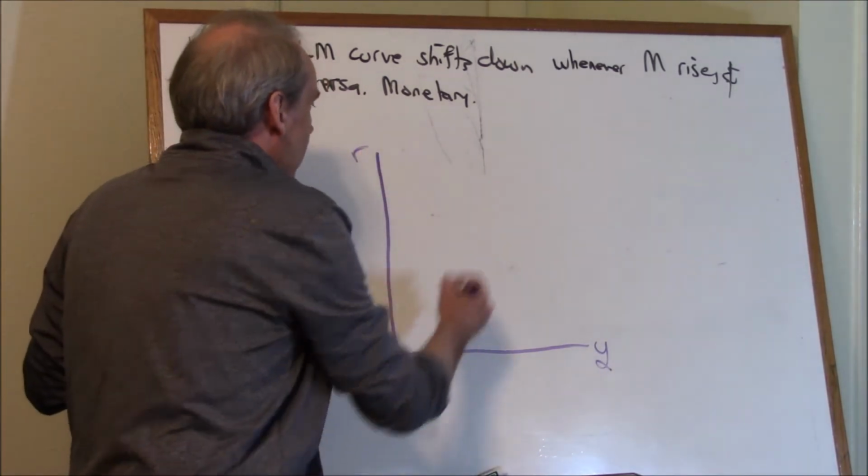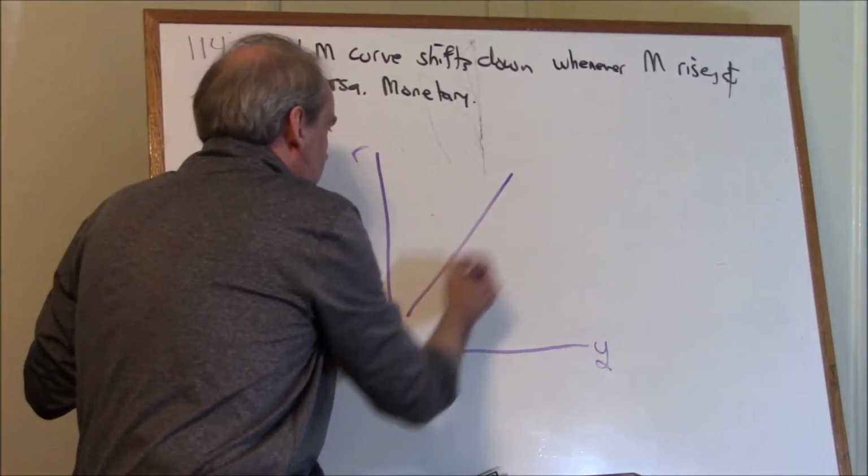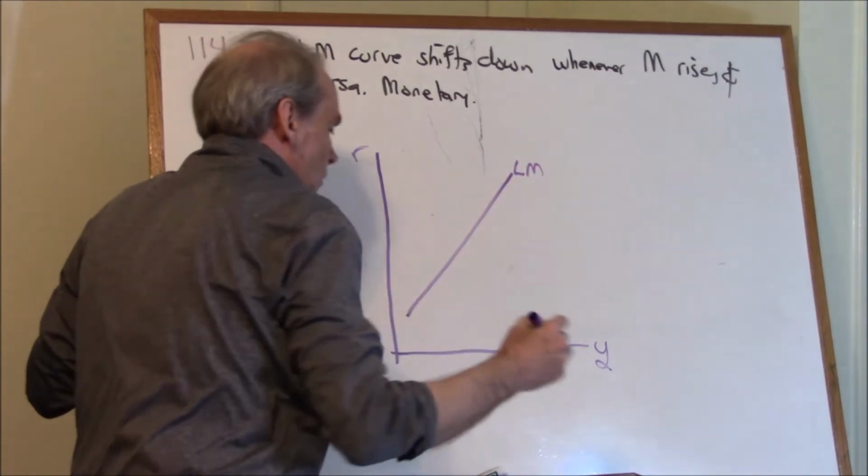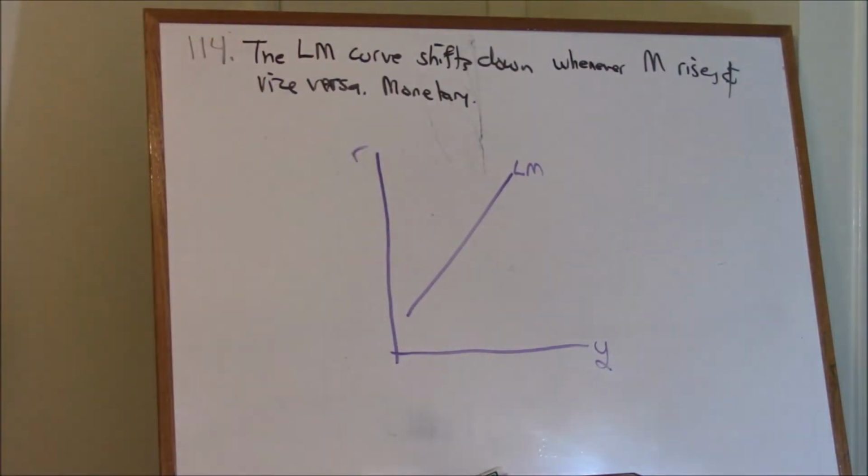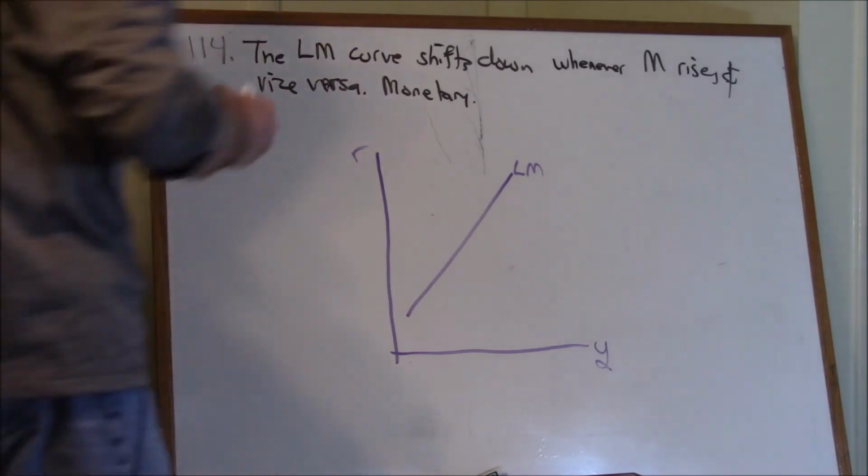All right, here is an LM curve. Remember, it's setting out all the points where the supply of money is exactly equal to the demand for money. All right, and let's mark that here.